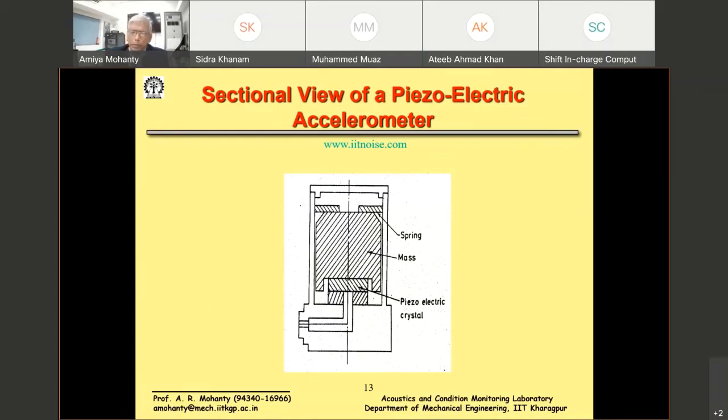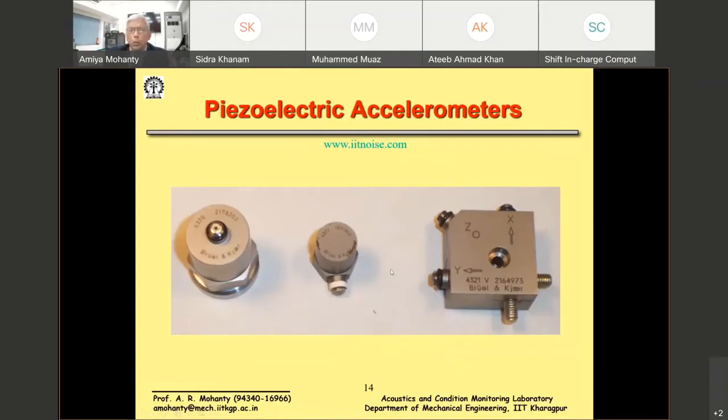This is in one direction. There are accelerometers which can measure acceleration in three directions. They are known as triaxial accelerometers. The casings are hermetically sealed, so they do not get contaminated. They can be used at very, very high temperature.